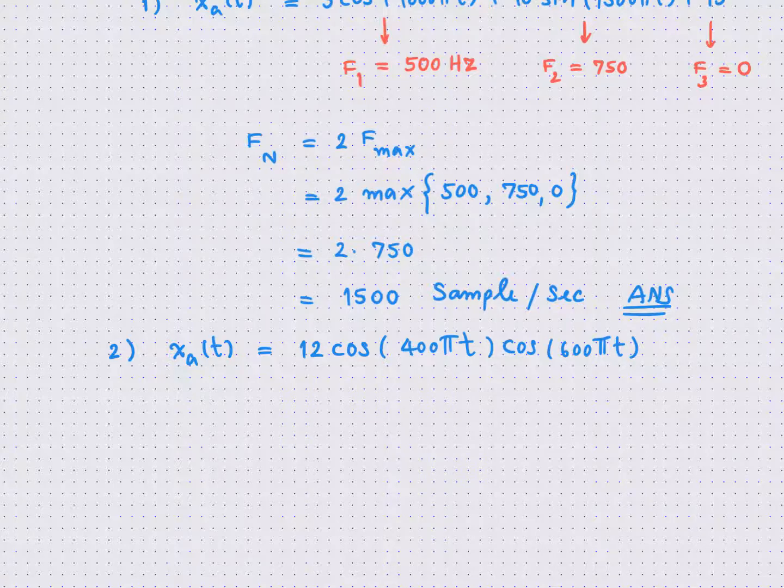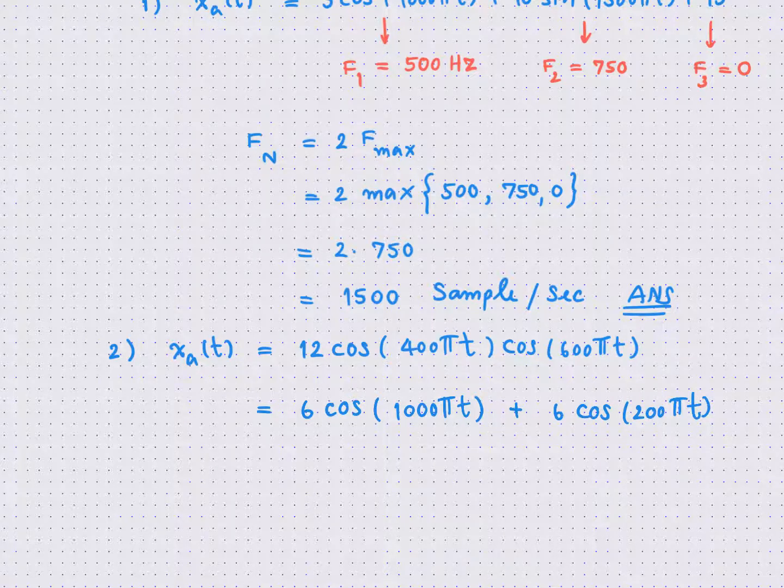This modulation, you can use a trigonometric identity and reduce into just a sum. So here it will be 1 over 2, so it's 6 cosine A plus B, so 1000 pi t, cosine A minus B, so you get cosine 200 pi t.